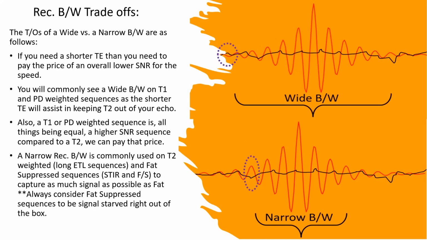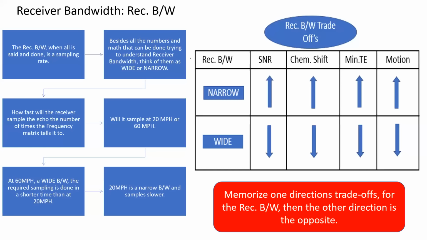What you want to do, guys, when you're scanning is consider FAT-SAT sequences and T2s signal starved because you're taking out fat's contribution to overall signal to noise. So all factors remaining the same, your signal to noise is going to be lower on FAT-SAT and STIRs. And if you do something that hurts your signal to noise, you're gonna pay the price at the end.